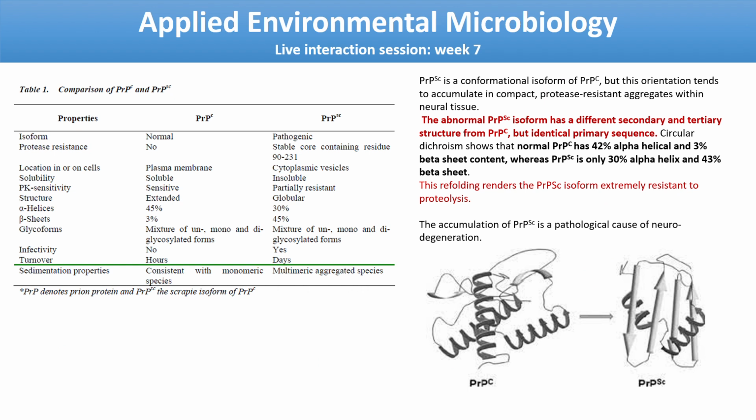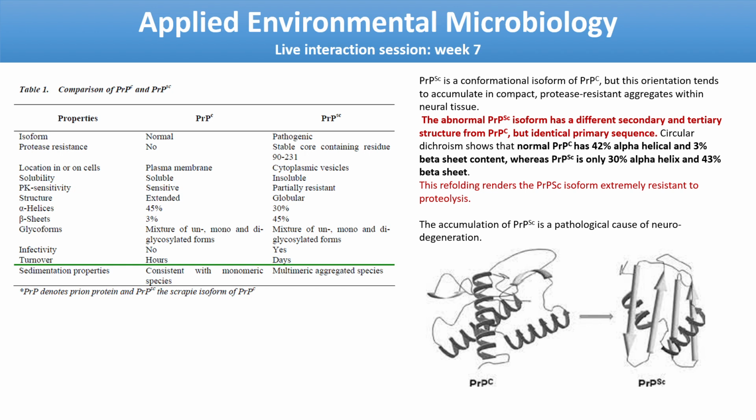So let's first check the properties. For PrPC, it is the normal category of the protein that is produced by the normal PRNP gene, but PrPSc is pathogenic. Now PrPC is not protease resistant, but PrPSc is protease resistant, and they have a stable core containing residues 90 to 231.